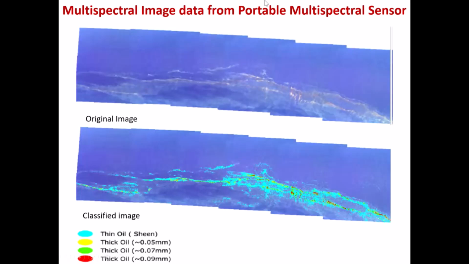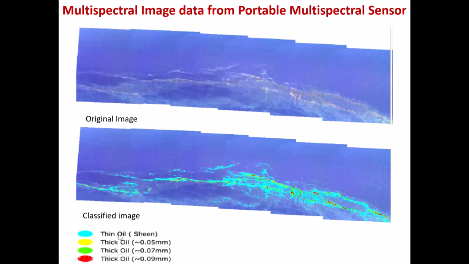And this is multispectral image data from a portable sensor which shows you the thickness of the oil in different colors. This is the original image, and this is the classified image.